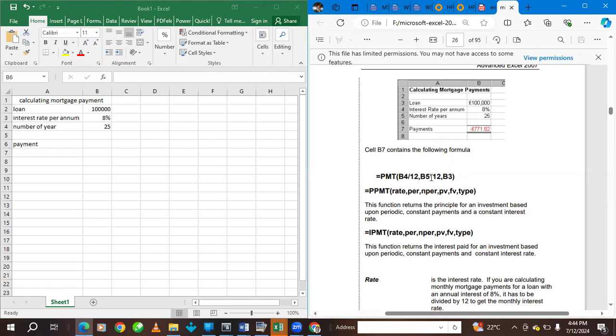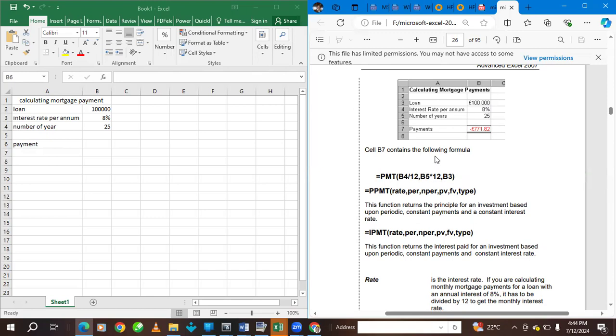Then we have P5, which is the number of years. If there are a number of years, we need to work per month, so for 25 years we need to see how many months those are. Then we have P3, which is the loan that you have been given.